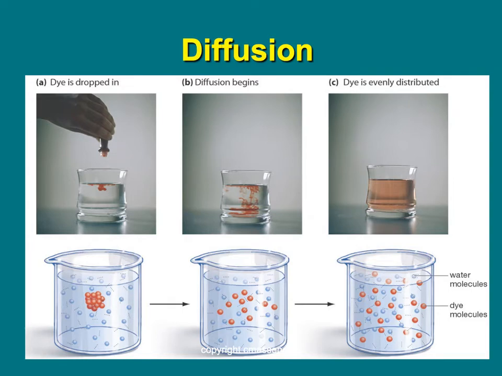Notice that in the video we watched, you didn't see the guy stir it or do anything to those particles in order to get them to move. Because there is no input of energy of any kind, we call diffusion a type of passive transport. Passive means no input of energy.